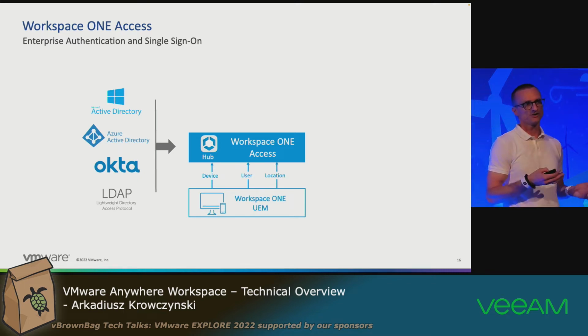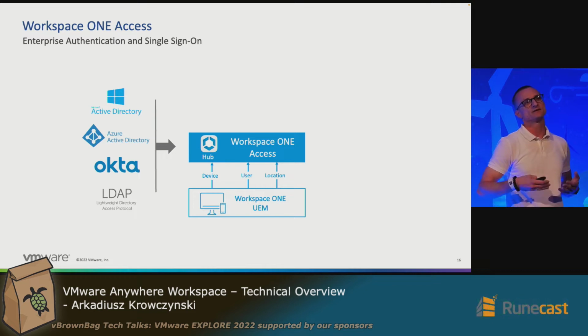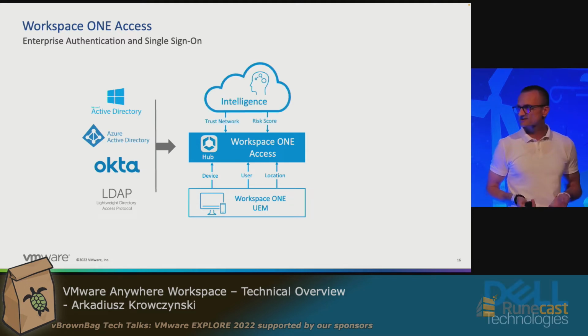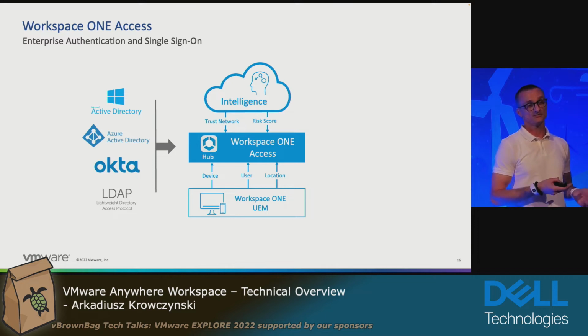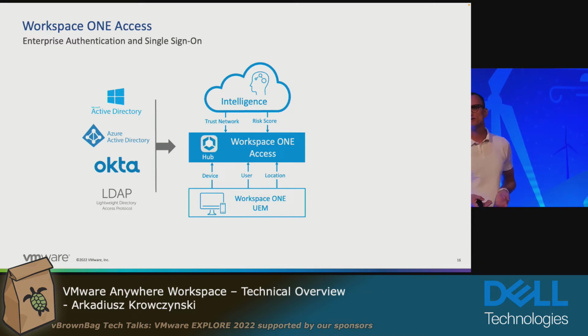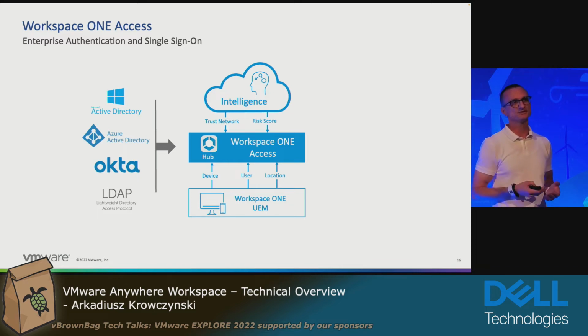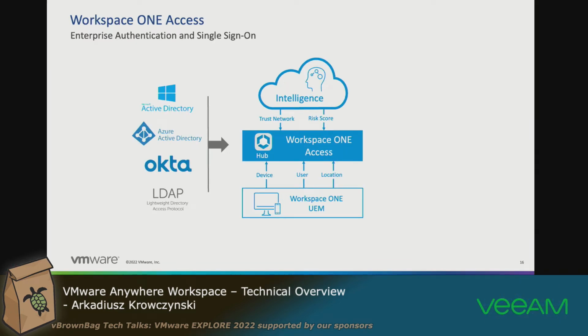Because when you have WorkspaceOne UEM in place, in the meantime, WorkspaceOne Access is a must-have because, again, identity access management, several authentication methods, device compliance, so checking if your device fulfills all the necessary tasks and security topics that your IT is telling you.